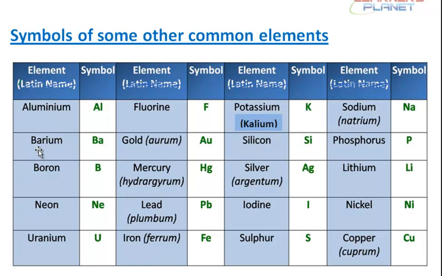So aluminium, what will be the symbol? Al. Barium, what will be the symbol? Ba. Boron, what is the symbol? B. Neon, what is the symbol? Ne. Uranium, what is the symbol? U. Fluorine, the symbol is F. Gold, its symbol is derived from its Latin name, that is aurum, Au.